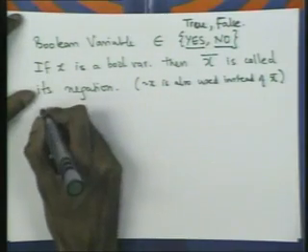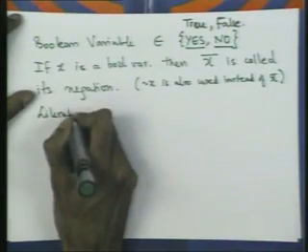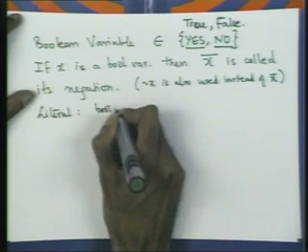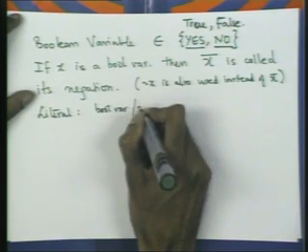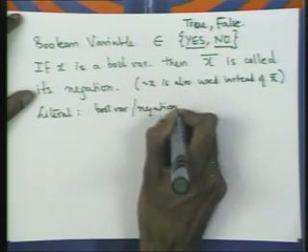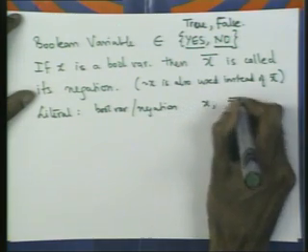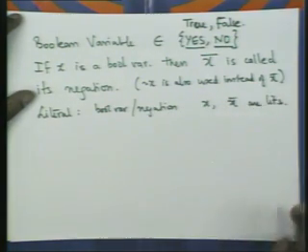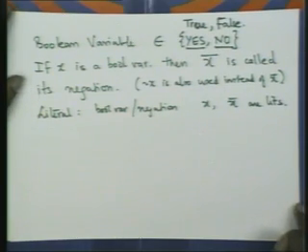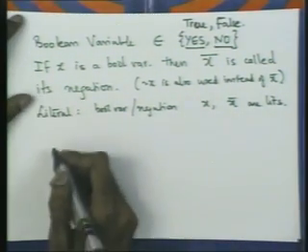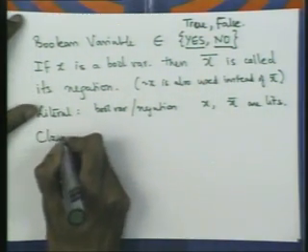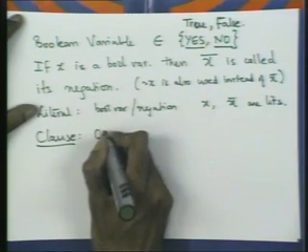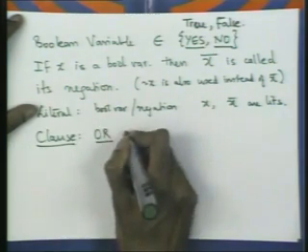So a literal is either a Boolean variable or its negation. So both x and x bar are literals. A clause is an OR of literals. I have to define what OR is.